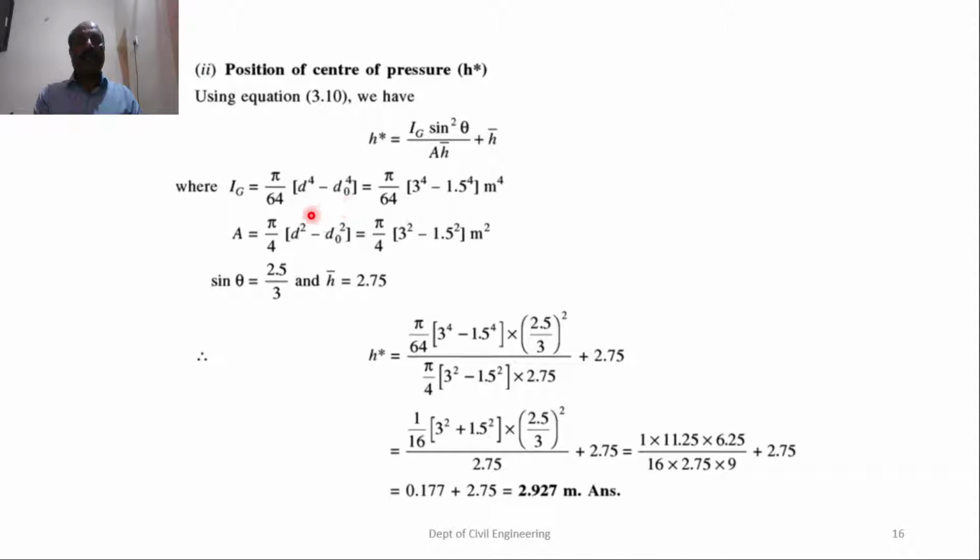The outer dia is 3 meter and inner dia is 1.5 meter. So this value will be 2.7. Then H bar is 2.75. Then S bar, substituting the Ig, is 2.75 plus this, so this will be around 2.927.